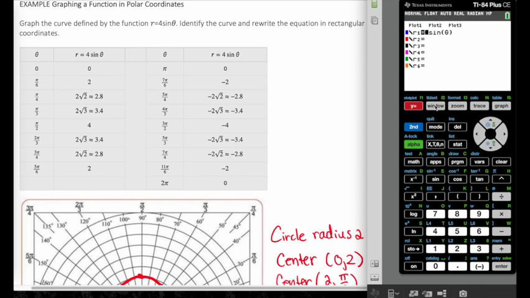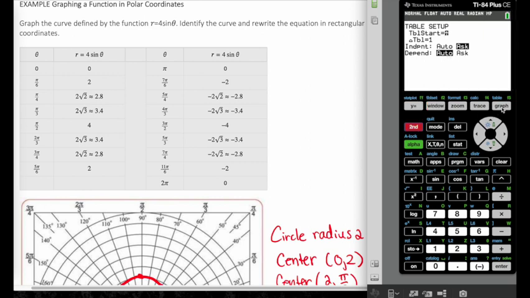So I'm going to choose second window. And I want to make sure that on independent, it says ask. That way the calculator prompts you for your independent variable. And then on dependent, it automatically gives it to you in the next column. So mine's already set up to do that, but make sure that yours is set up like this.